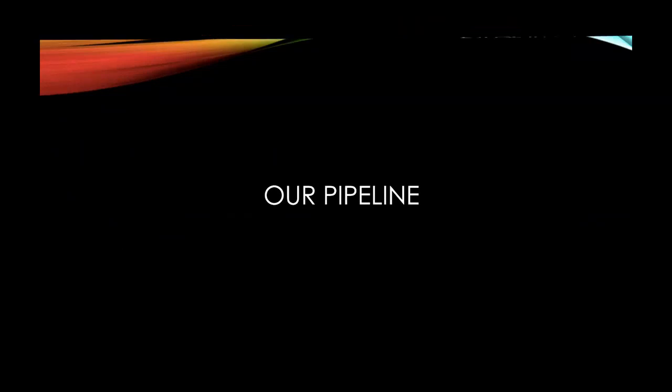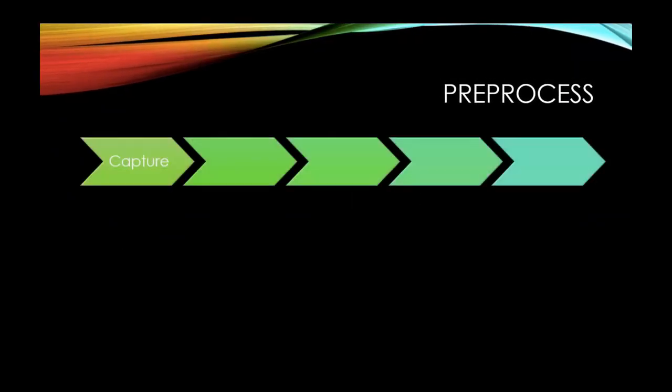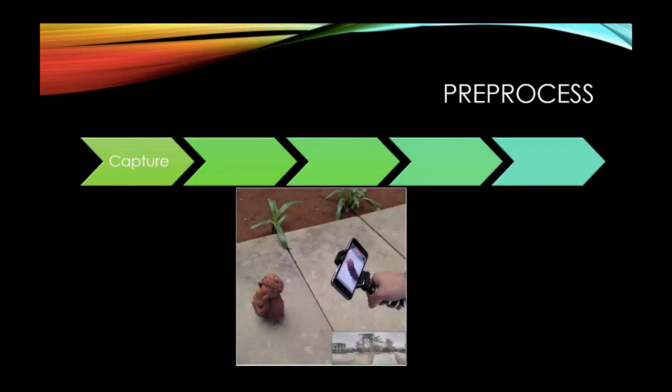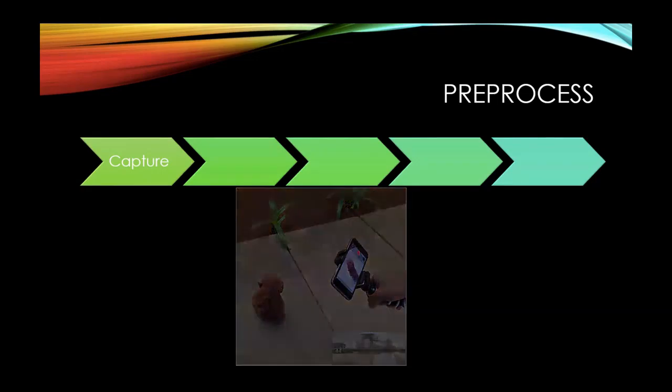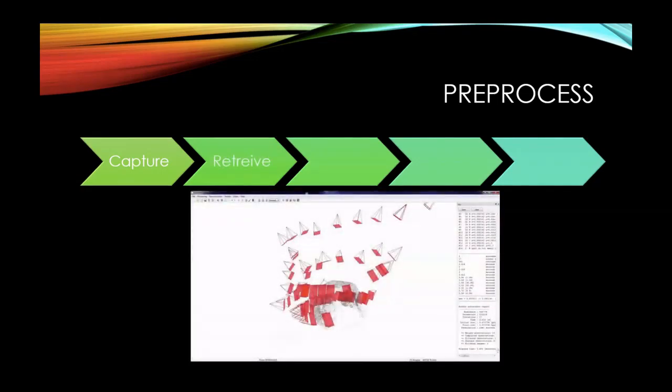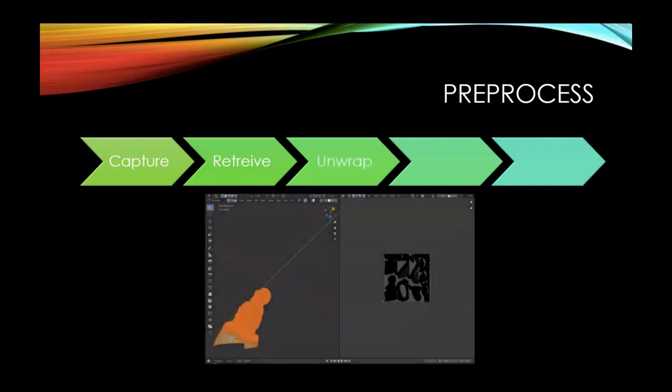So let us first understand the input to the network. We capture the images using an off-the-shelf smartphone, and we also capture the environment map using the same smartphone. Now we retrieve the poses and the geometry using COLMAP, which is a structure from motion package. We then unwrap the scene using Smart UV Unwrap in Blender.